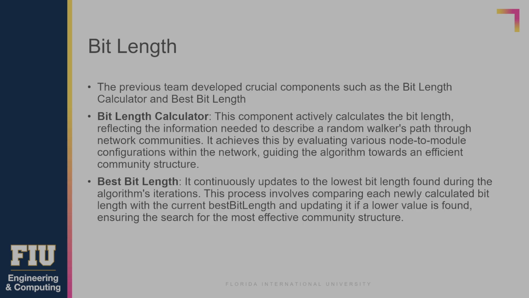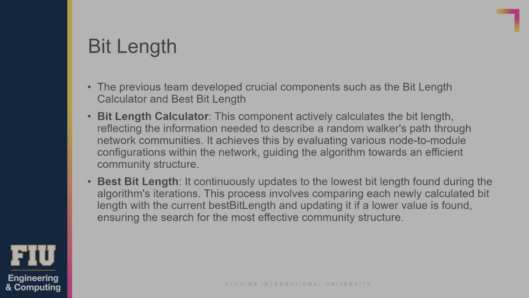Now I'm going to give you an insight of the bit length before talking about the code length threshold. The previous team developed crucial components such as the bit length calculator and the best bit length. The bit length calculator actively calculates the bit length, reflecting the information needed to describe a random walker path through network communities.